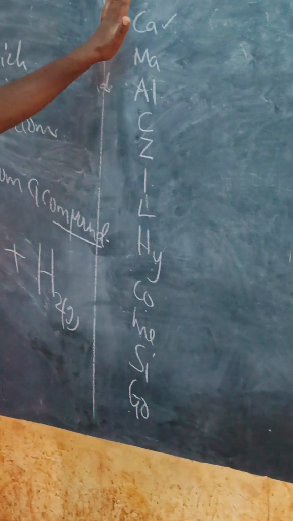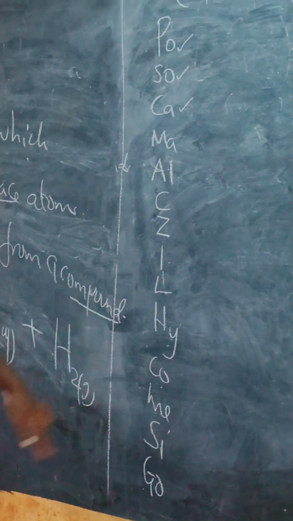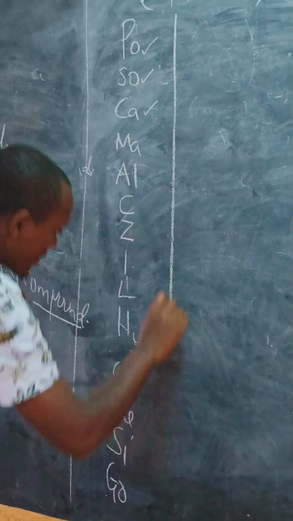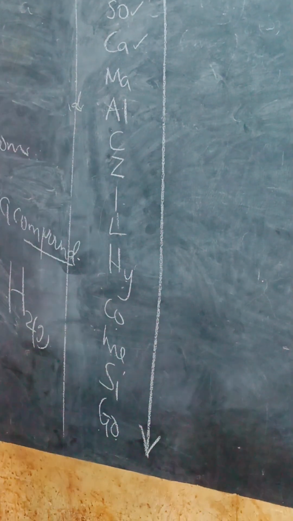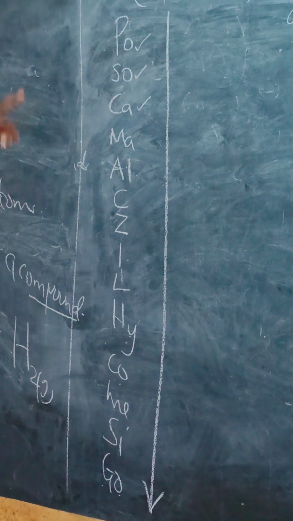This is a very important reactivity series that you must know. Potassium is the most reactive and gold is the least reactive.